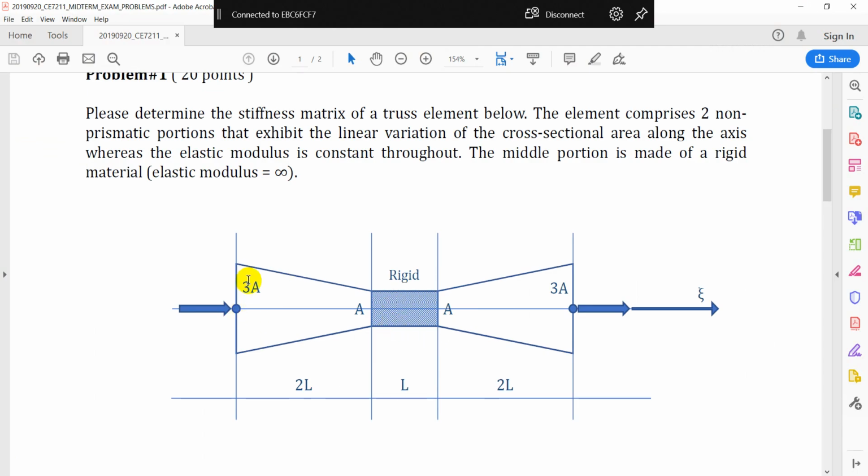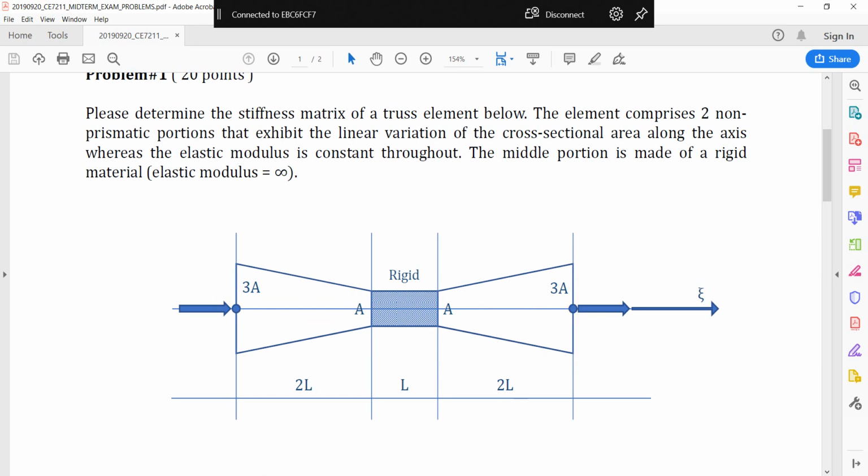We will establish the stiffness matrix of the whole piece that is a non-prismatic bar connected to a rigid element in the middle. Rigid means undeformed, right? And then another piece of this non-prismatic bar element, and we need to establish the stiffness matrix of the whole piece, having just 1 and 2 degrees of freedom.